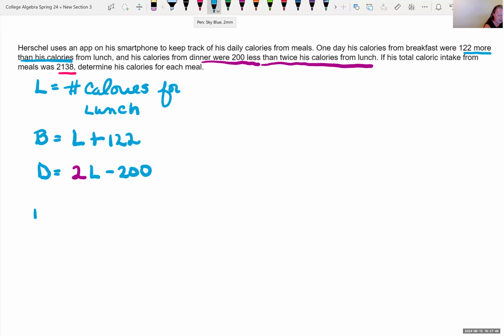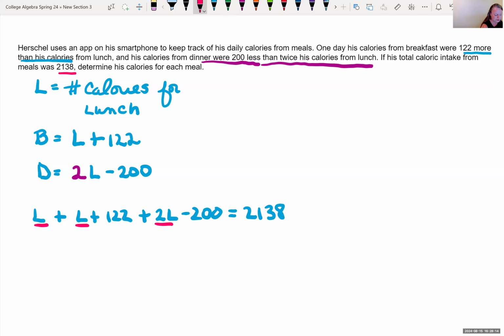So I have my lunch calories, L, plus my breakfast calories, which is L plus 122, plus my dinner calories, which was 2L minus 200. The sum of all of our meals was 2,138 calories.